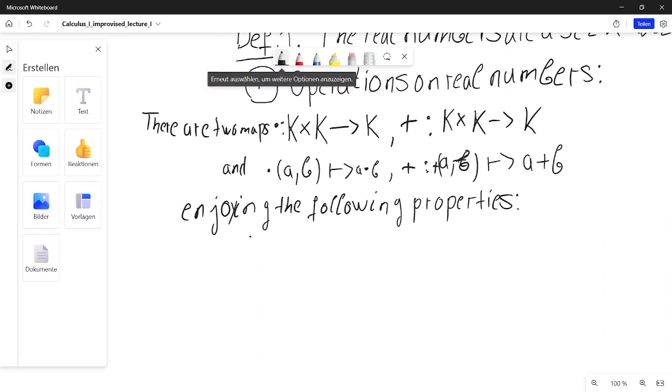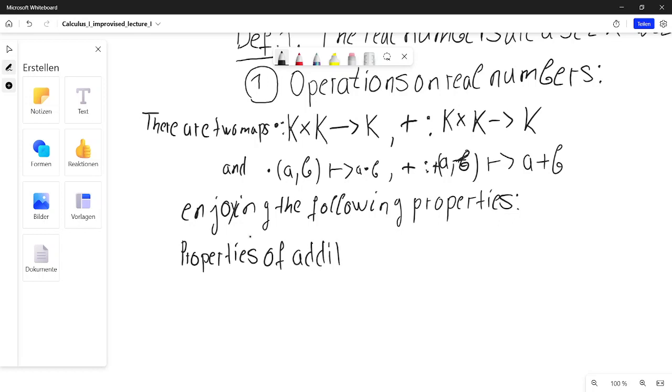Okay, enjoying the following properties. Properties of addition.